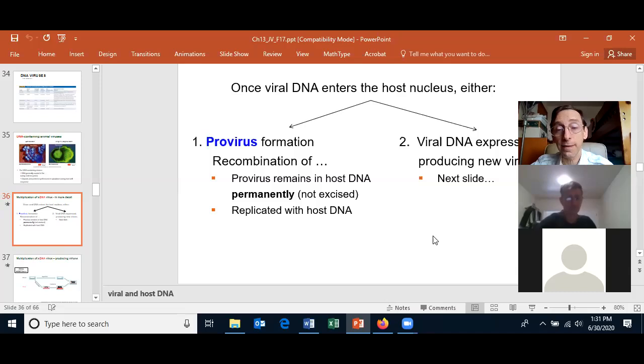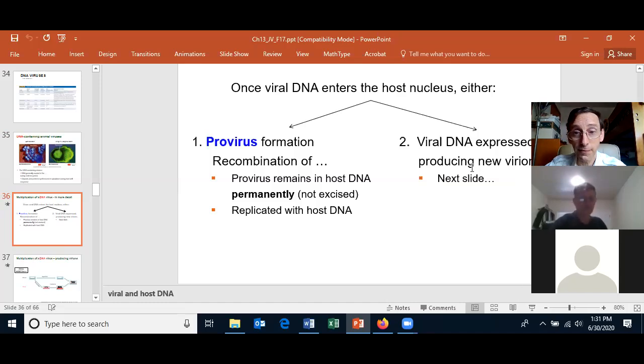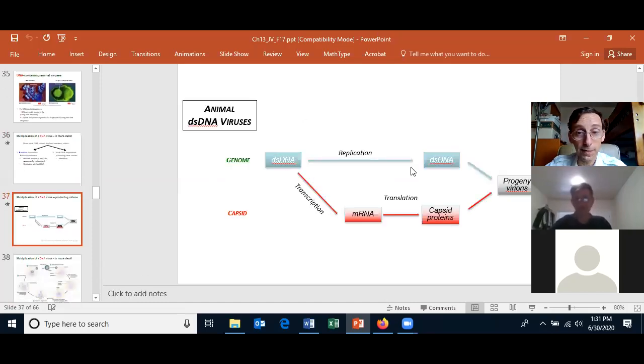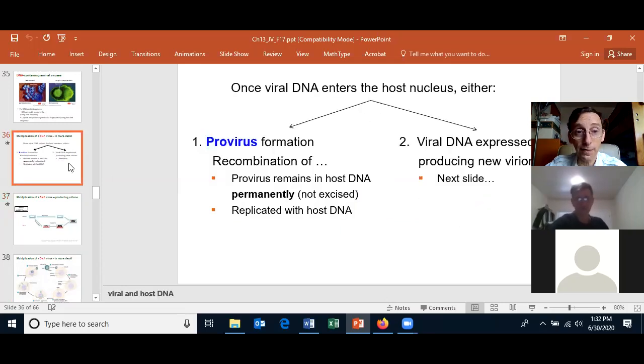Viruses, especially the DNA viruses, can, if they enter the lytic life cycle, express the viral genes, reproduce new viruses, and then lyse the cell. So the genome is replicated, the capsid proteins are made, the new virions are replicated, and then the virus lyses the cell and that releases the viruses.